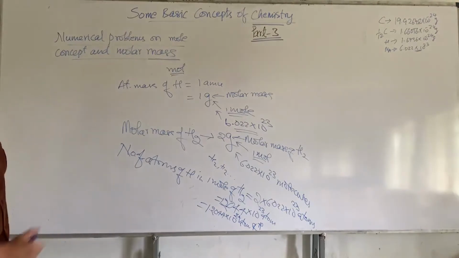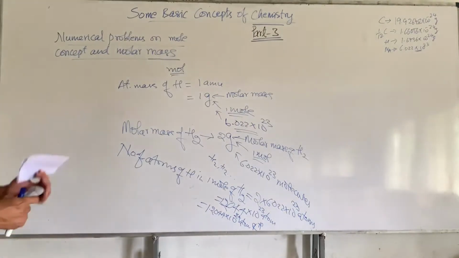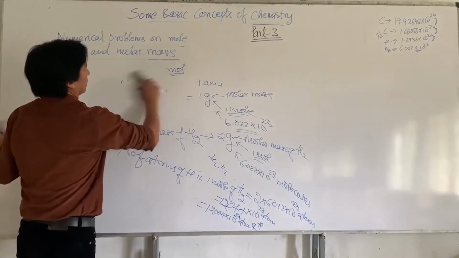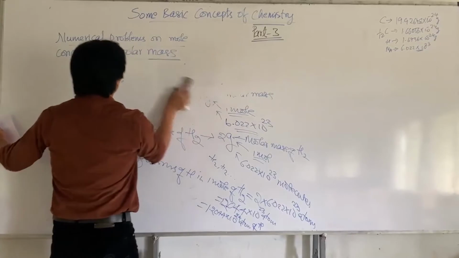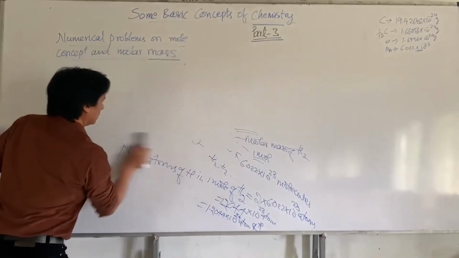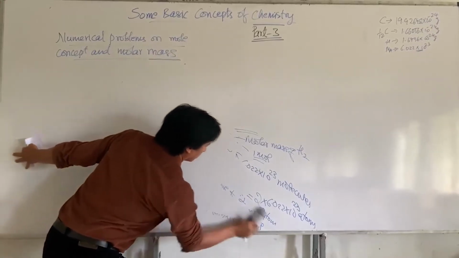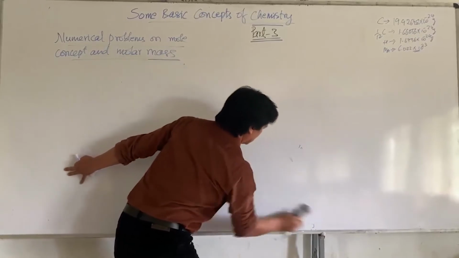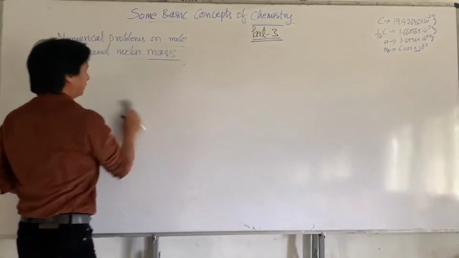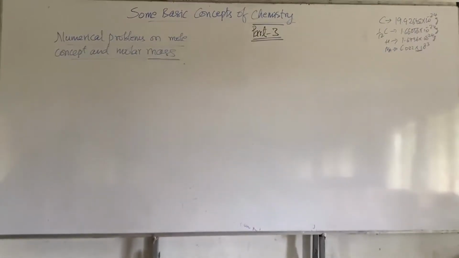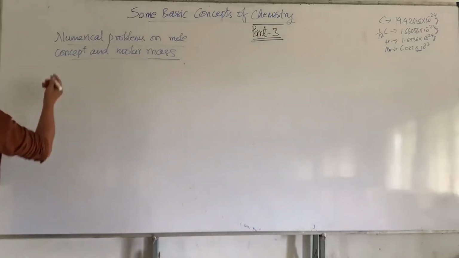So let's see. Now we're going to work out some problems related to the same. In fact, I think we worked out 2 problems in the last part, that is in part 2. So now the next problem that I want to work out is, let's see, I have it ready here for you. This one is a very simple one.